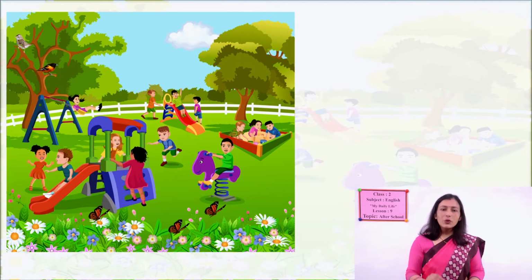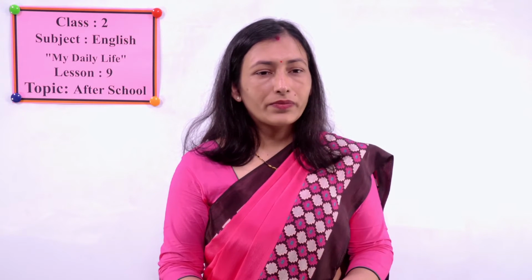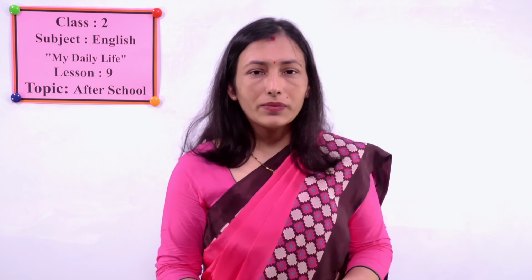Let me repeat one more time. You can make corrections if you miss any words. You can check and you can make corrections. This is a garden of our school. This is a garden of our school.